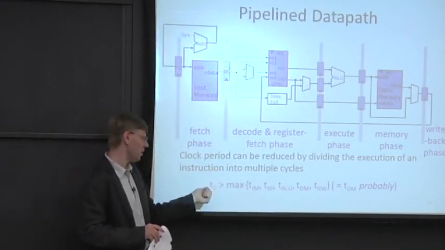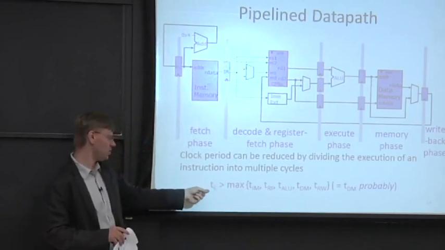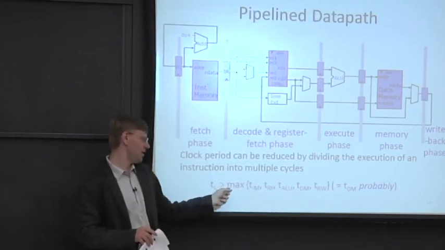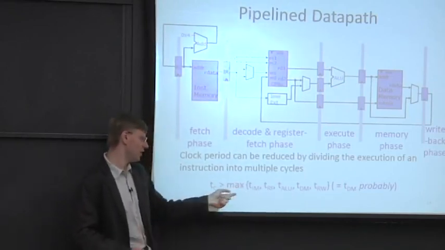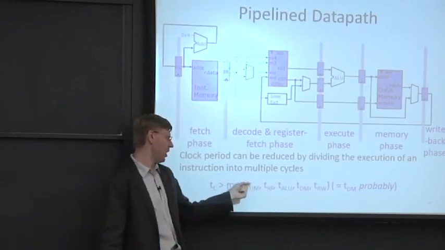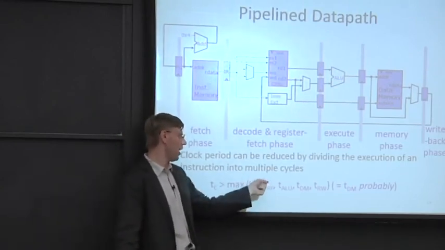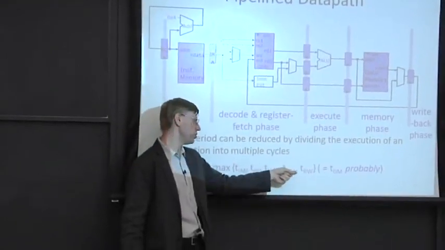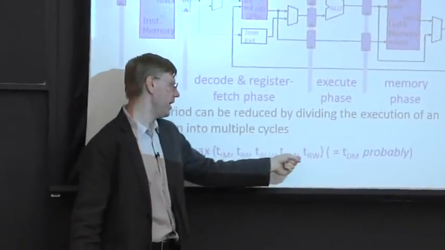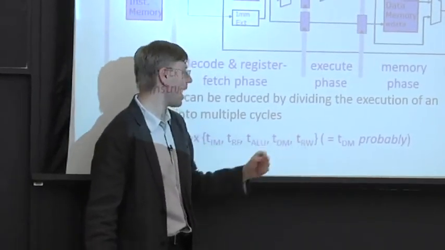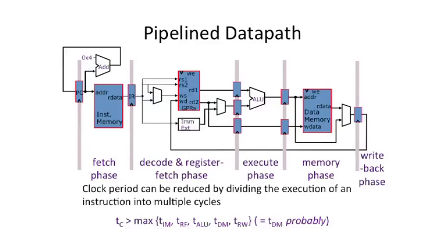The cycle time is greater than or equal to the maximum of the time to access the instruction memory, the time to access the register file, the time to access the ALU, the time to access the data memory, and the time to write back. Those are the different things in the 5 stages here.